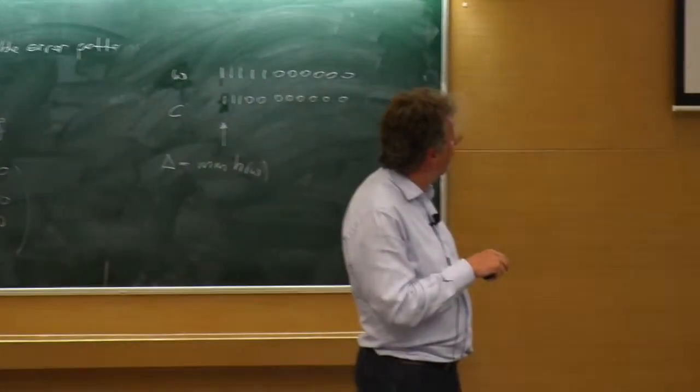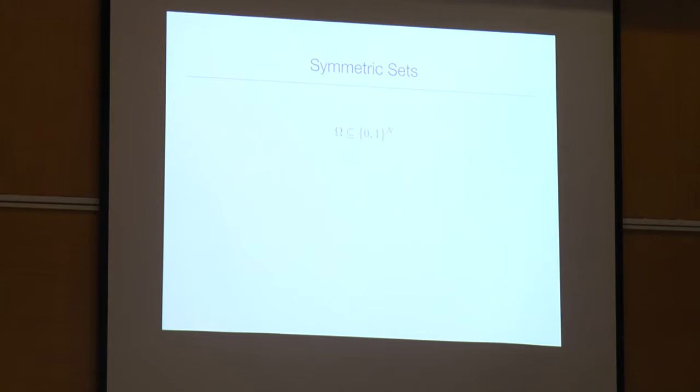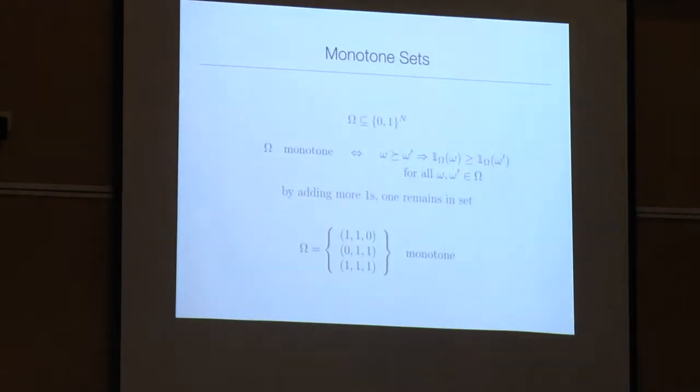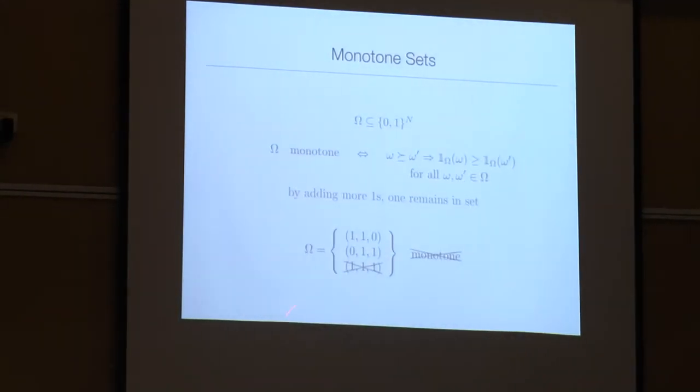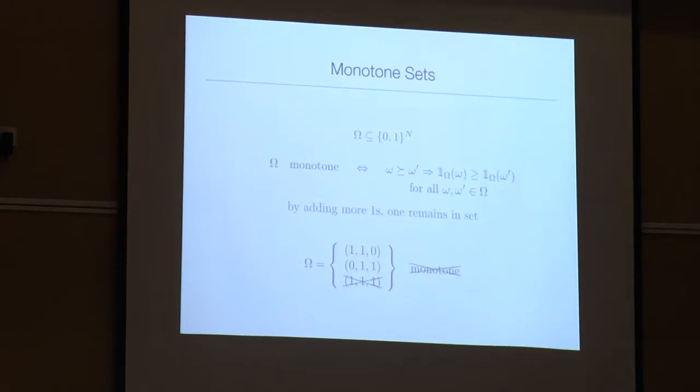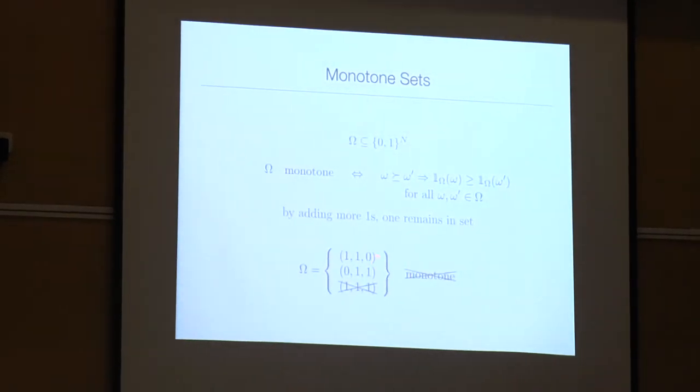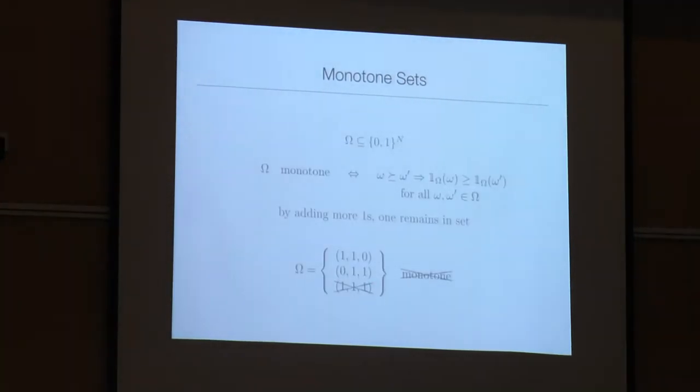So for example, this one is monotone, right? If I take this one and I flip this extra 0 to 1, then it's already in there, right? Or if I flip the extra 0 to 1, it's already in there. Okay, so that's fine. But let's see, for example, this one. If I took this out, then this set would no longer be monotone, right? Because if I flip that from 0 to 1, it would no longer be in there.